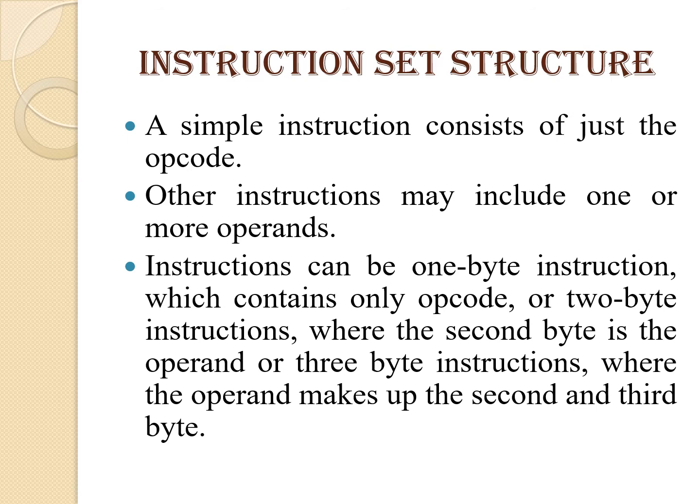A simple instruction consists of just the opcode. Other instructions may include one or more operands. Instructions can be 1 byte instructions which contain only the opcode, 2 byte instructions where the second byte is the operand, or 3 byte instructions where the operand makes up the second and third byte.